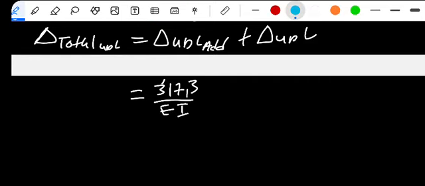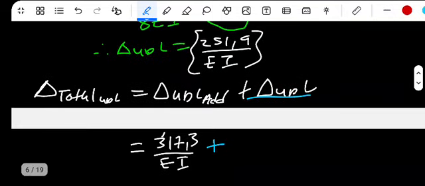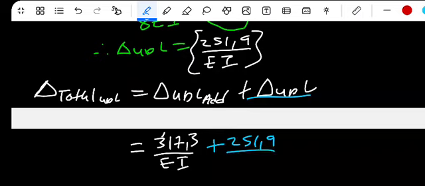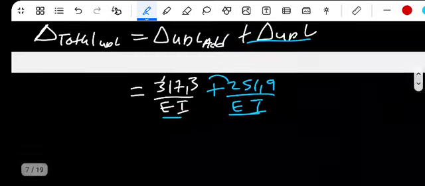plus this one that we've calculated here, 251.9 divided by EI. We took it, isn't it? So we add this. The denominator is the same, so you add what is on the top, you know maths.